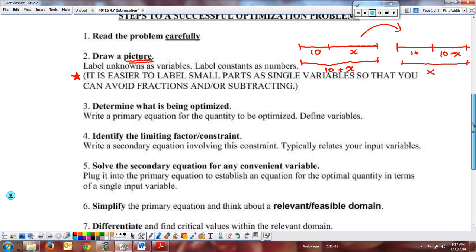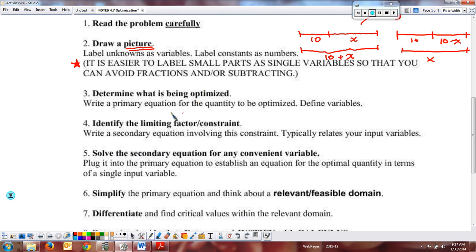When you read through the problem, the very first thing you've got to figure out is what you're trying to optimize. And I would also make sure you identify whether you are maximizing. Are you looking for a maximum, or are you looking for a minimum? That's going to give you an idea of what you're going to be doing in the problem. The other thing is, once you determine what you're maximizing or minimizing, you need to find a formula.